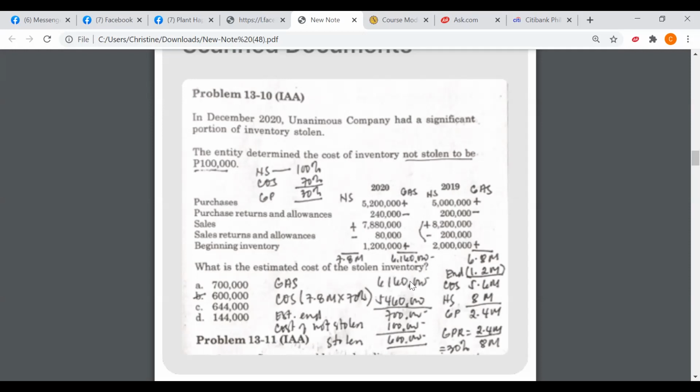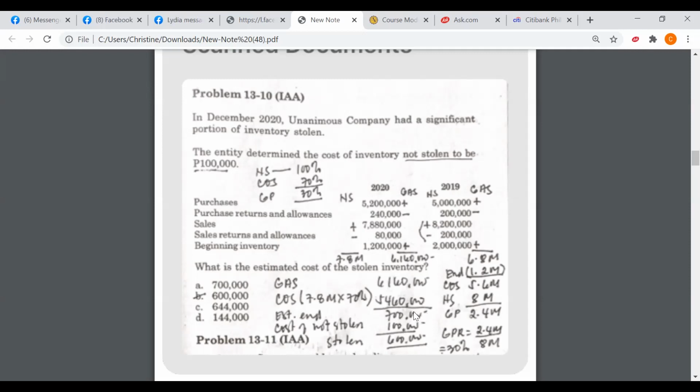While your net sales is 7,880,000 minus your returns and allowances of 80, so that makes your 7,800,000, multiplied now by the cost rate of 70%. So that makes your 5,460,000. GAS minus your COS is now your estimated ending inventory of 700,000.